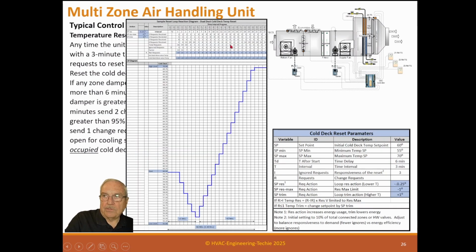And here's the cooling reset logic again. So we start here at our 60 degrees and we start going down because we got reset requests. And we get down and then we can go back up again just like we did before. And the time variables are very good. These are too small for me to read. This is 42 minutes up and 21 minutes down. Down is much more important than up.